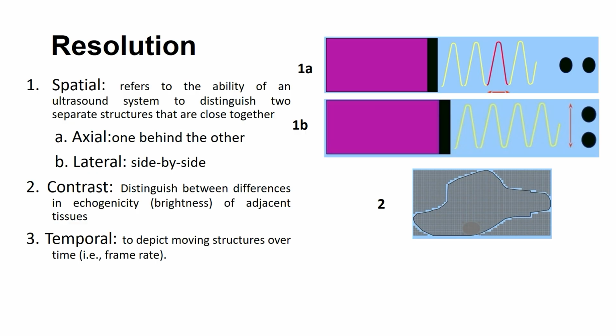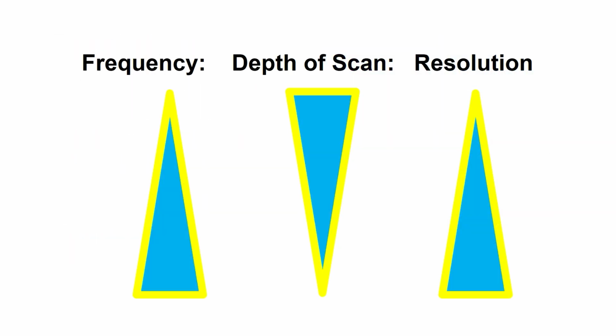If the structures are located side by side, it is called spatial lateral resolution. Another term is contrast resolution, which distinguishes differences in echogenicity or brightness of adjacent tissue. Another term is temporal resolution, which depicts moving structures over time.